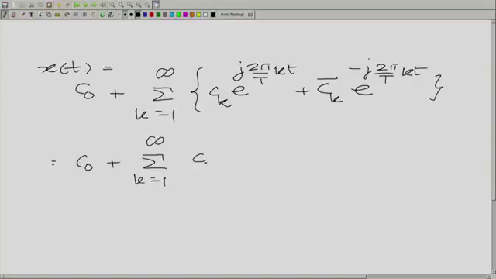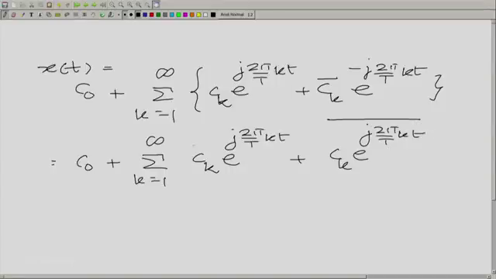So, you will notice that this is essentially the complex conjugate of the whole term. So, we have a sum of two complex conjugates. When you have a sum of two complex conjugates, it gives you essentially 2 times the real part of any one of them. So, let us write that down.